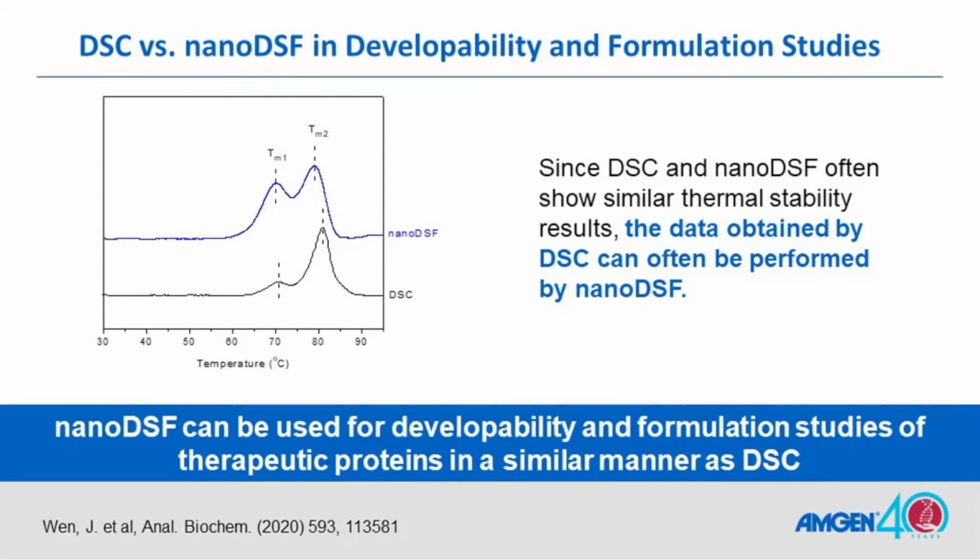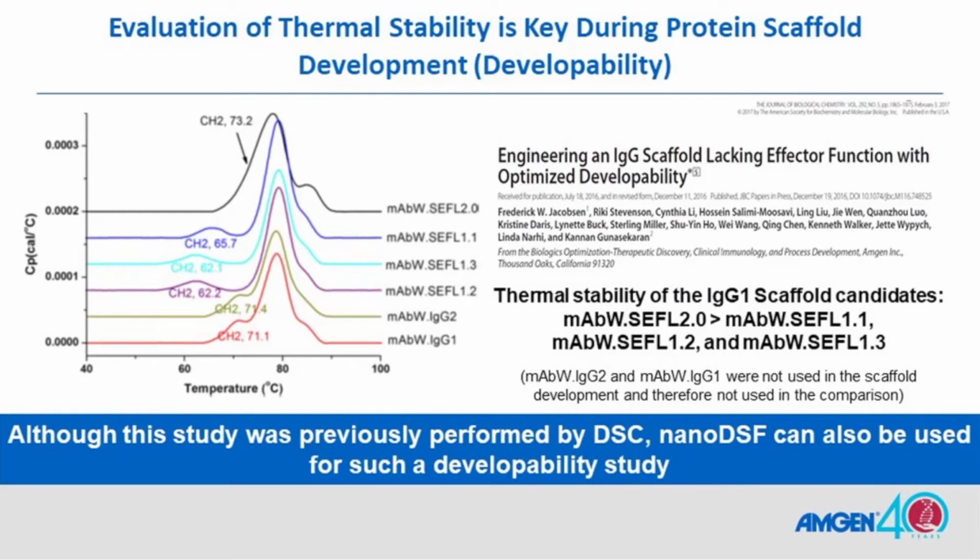Therefore, nanoDSF can be used for developability and formulation studies of therapeutic proteins in a similar manner as DSC. Now let's take a look at the first study. In this developability study, the evaluation of Tm is one of the key aspects.